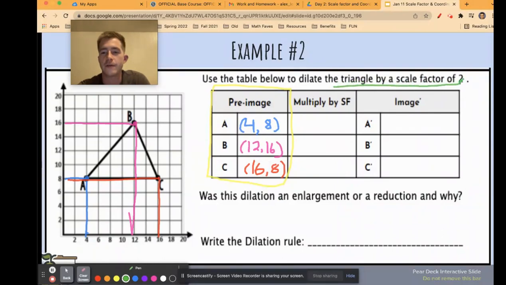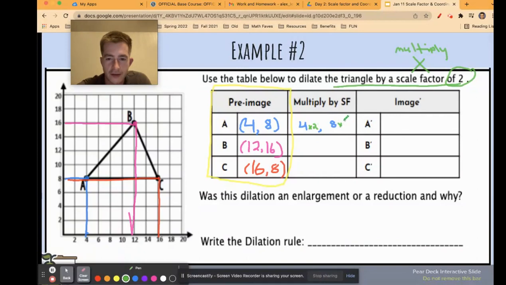Dilate a triangle by a scale factor of 2. So again, remember, scale factor just means multiply. All right, so all we're doing is taking those numbers we just wrote down, multiplying everything times 2. Essentially what we're going to be doing is something like this. We're just going to rewrite, and this is me showing what I'm multiplying by.